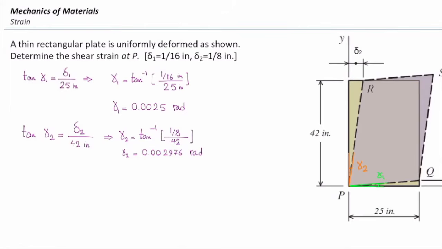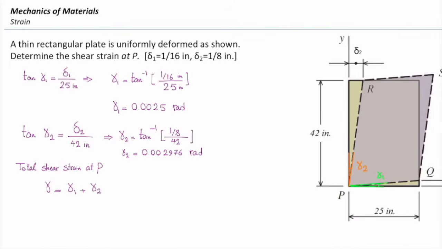Now, listen carefully. How much is the overall change in the angle at that corner? That would be simply gamma 1 plus gamma 2. So that will be the overall change, which is equal to the shear strain. So shear strain at that corner is equal to gamma 1 plus gamma 2.